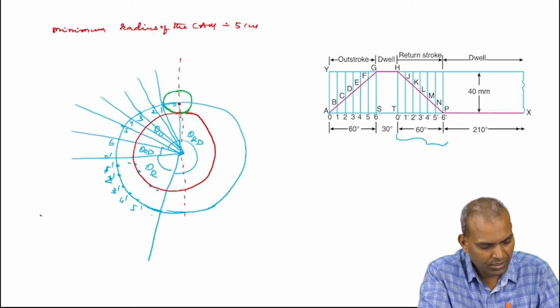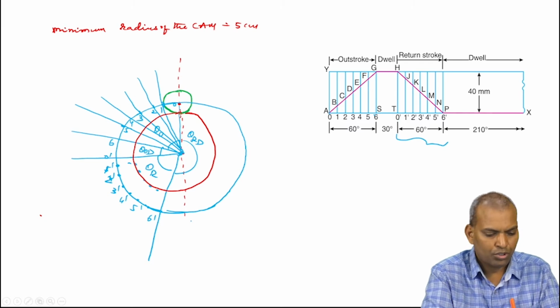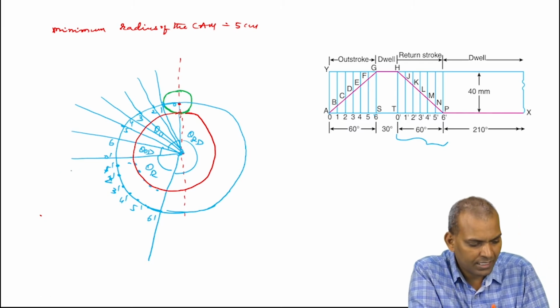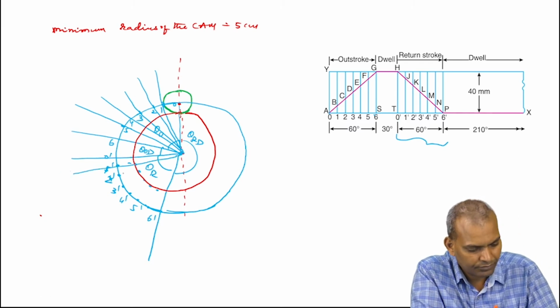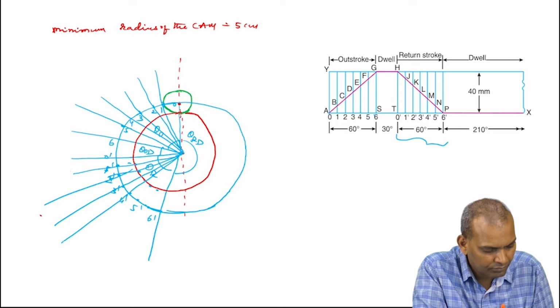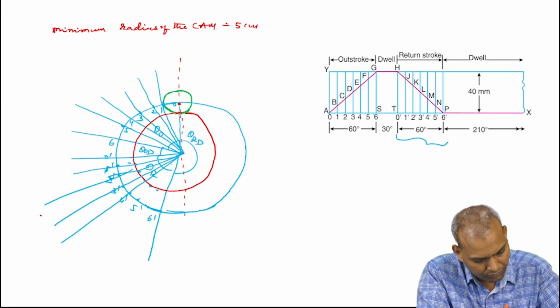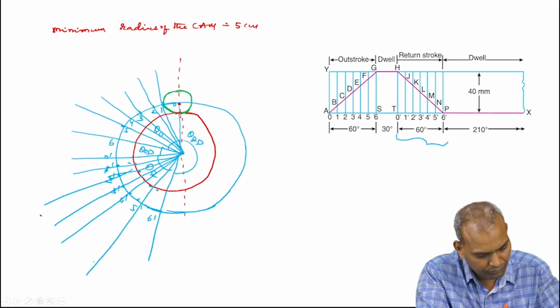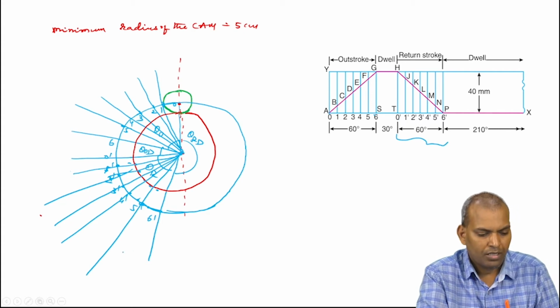Up to here it is 6 dash. So join these with radial lines again, and it is 6 dash.